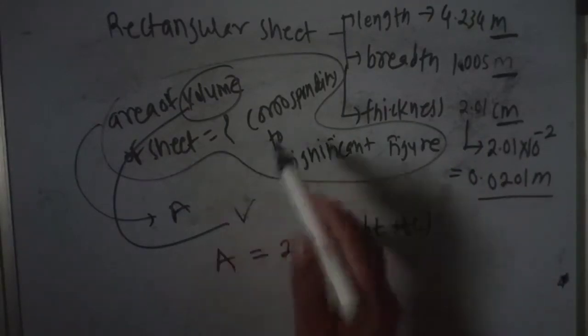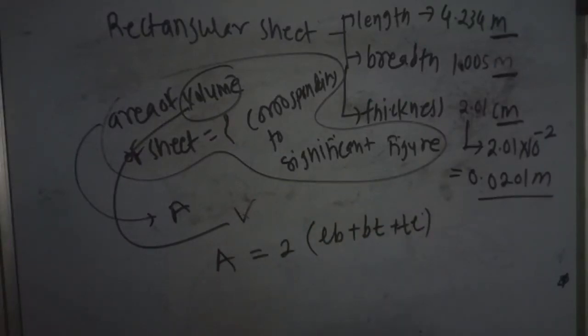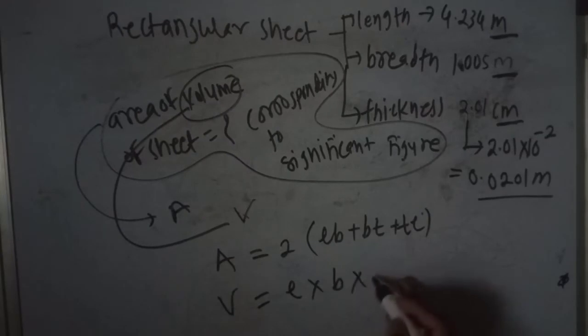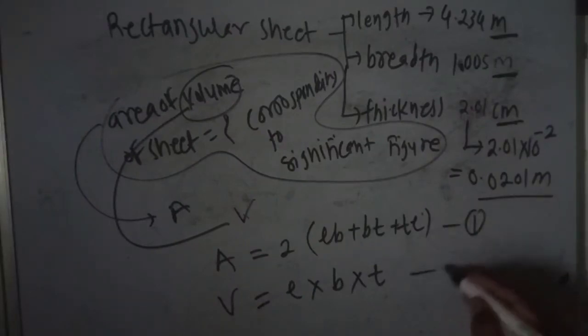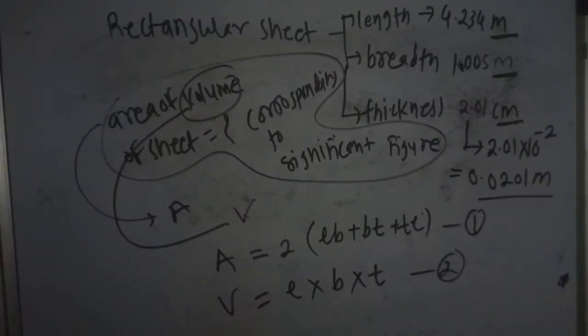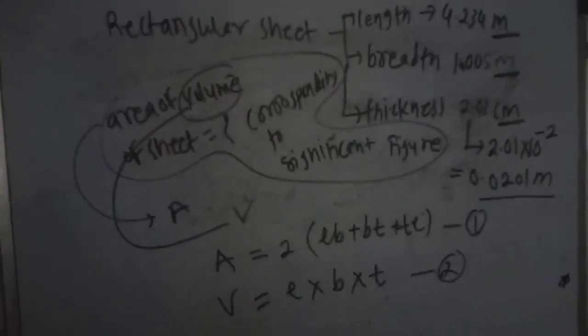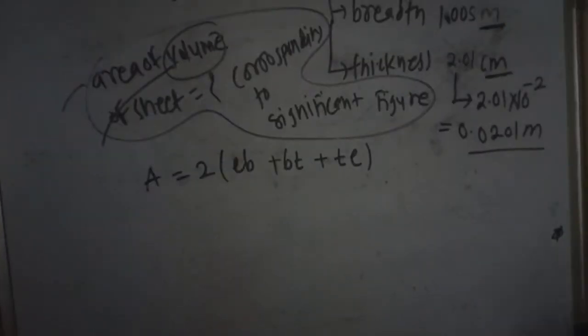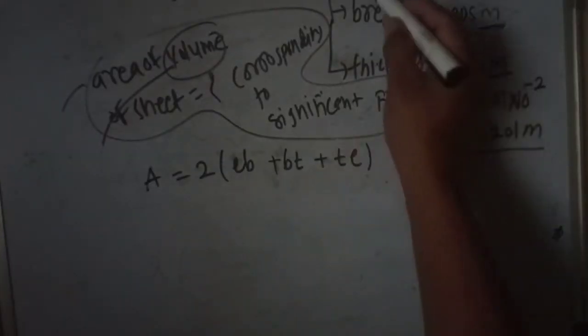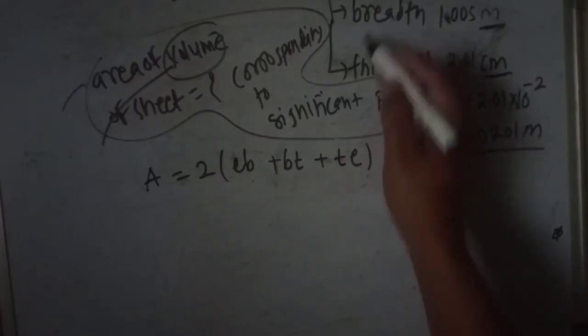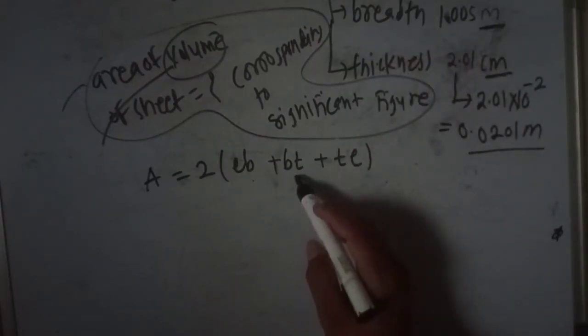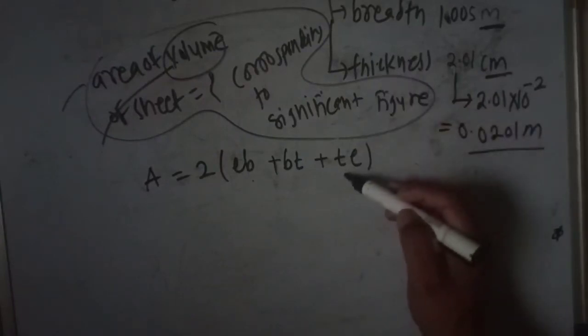This is the area of the sheet, and the volume of the sheet V is equal to L into B into T. This is formula number first, and formula number second. So our formula is 2 into length L times breadth B, plus BT, breadth and thickness, and third thickness and length TL.